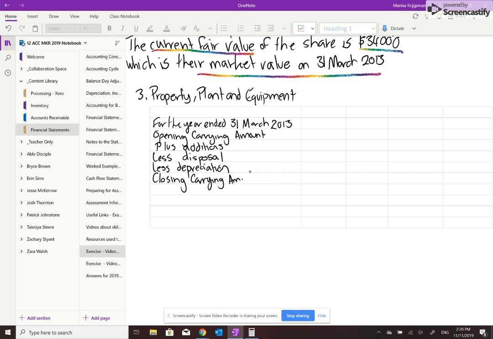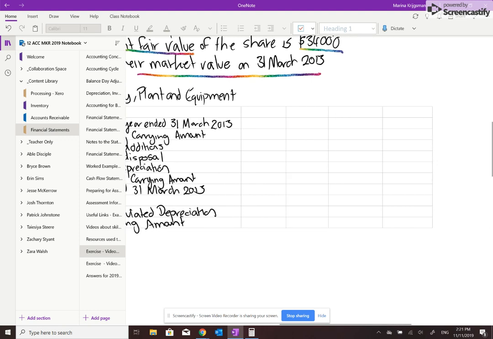And then we go to our bottom half, and this one's going to be as at the 31st of March 2013, and it starts with cost, accumulated depreciation, and a carrying amount. And we're going to do this for each of our property, plant and equipment, and then we have the total column.